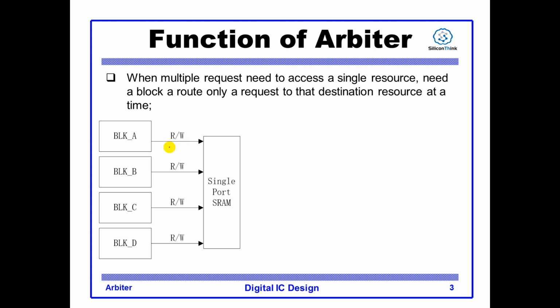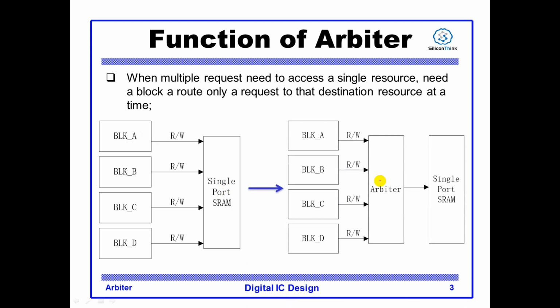You have to add something between the source and the destination to enable just one request to access the destination at a time. So when you build a system like that, you have to change to the architecture on the right hand side. You add a module between them.